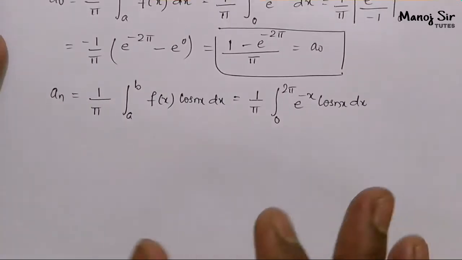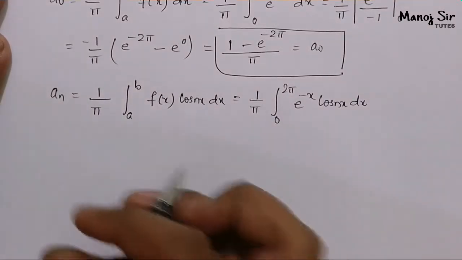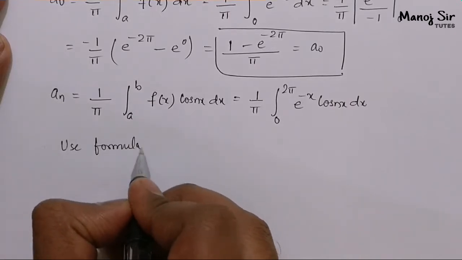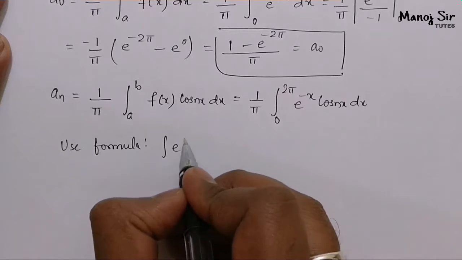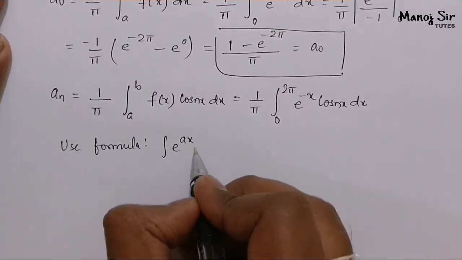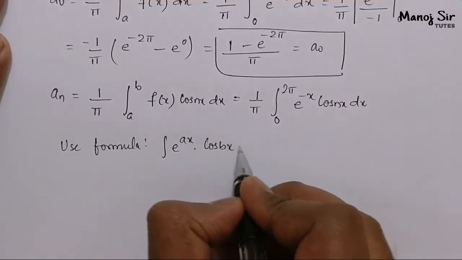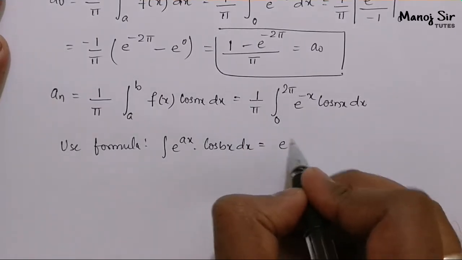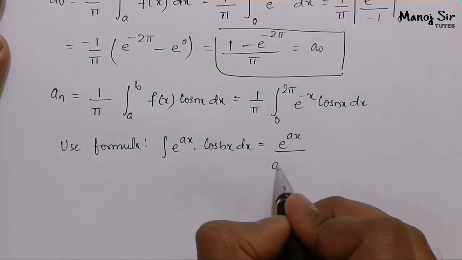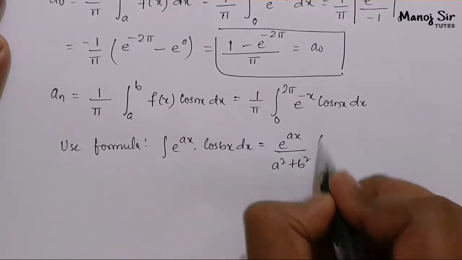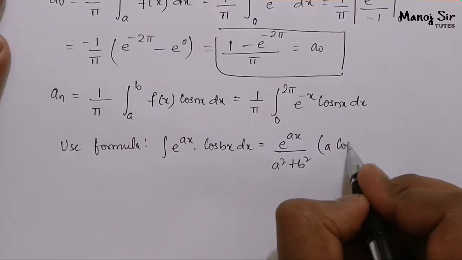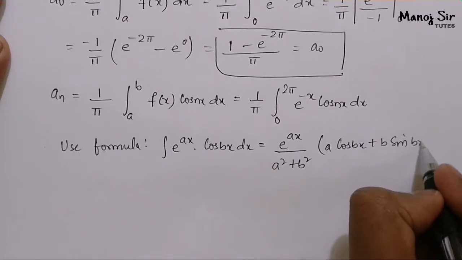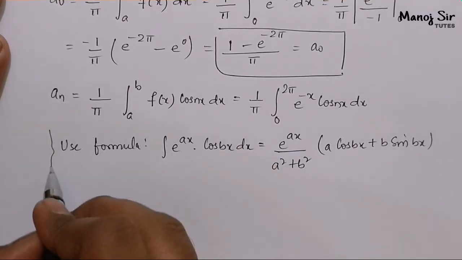Here we are going to use a very specific formula: integration e to the power ax into cos bx dx equals e to the power ax upon a square plus b square, into a cos bx plus b sin bx.